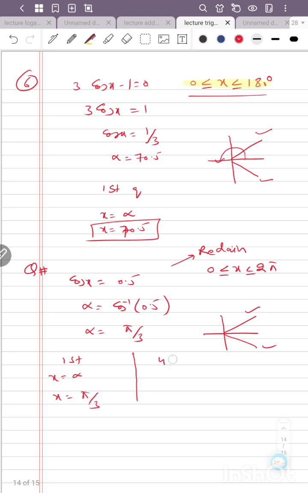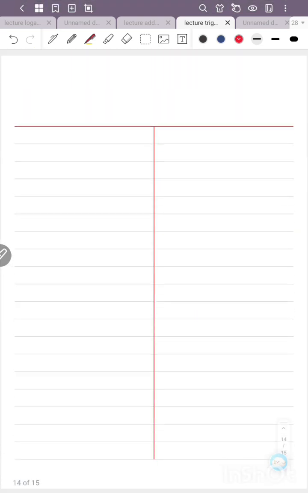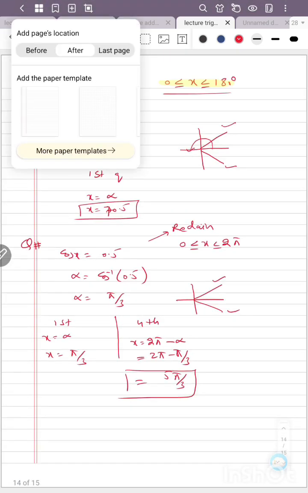For the fourth quadrant, x equal to 2 pi minus alpha. So 2 pi minus pi by 3, we got the answer 5 pi by 3. It's our required answer. Hopefully dear friends you can understand these questions. Now move forward.